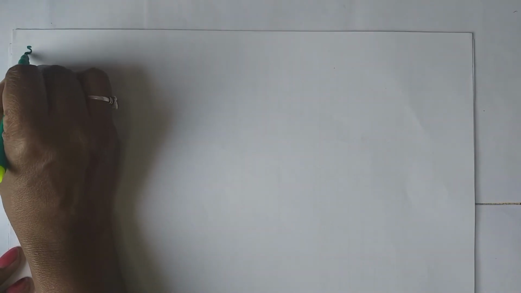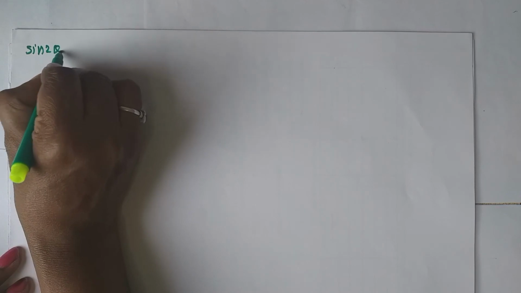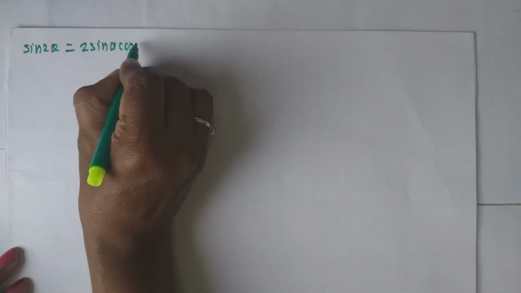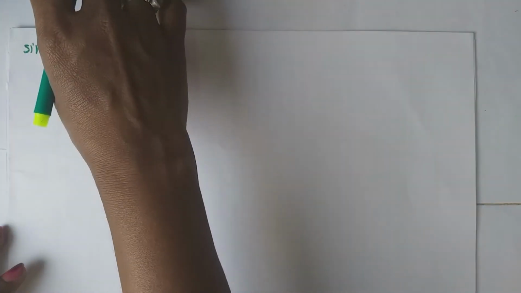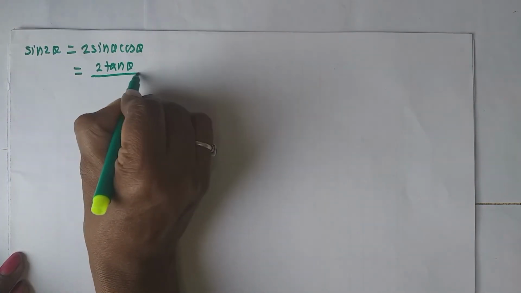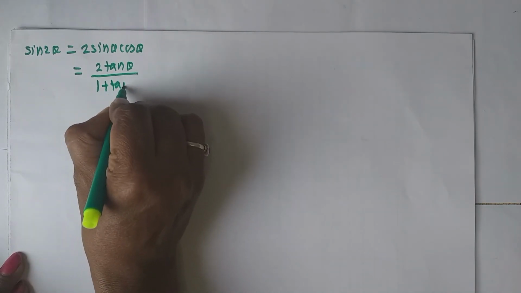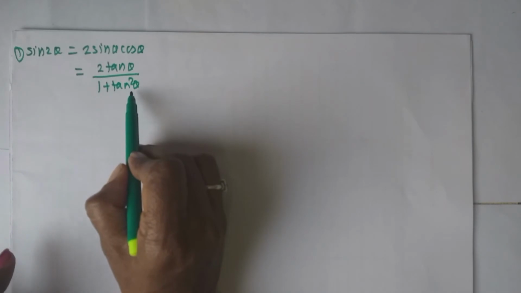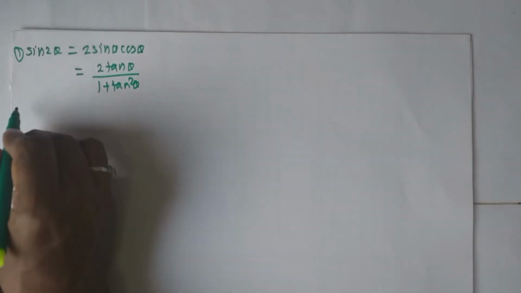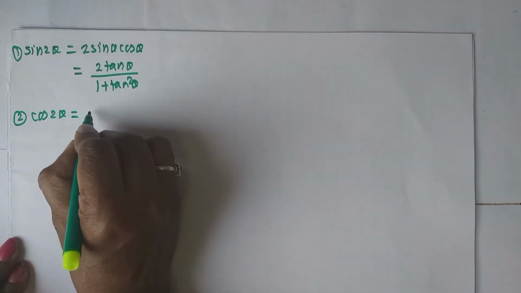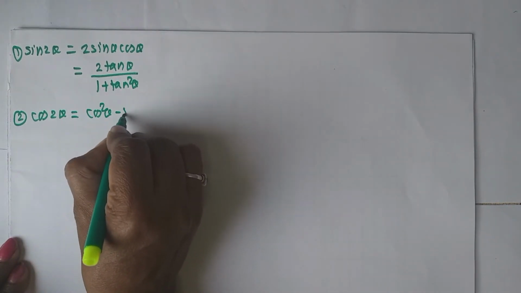See, for sin 2 theta, we have derived the formula 2 sin theta cos theta. Okay. Then second formula, that is 2 tan theta divided by 1 plus tan square theta. This is called the formula for sin theta in terms of tan theta. Okay. Then for cos 2 theta, we have derived the formula cos square theta minus sin square theta.